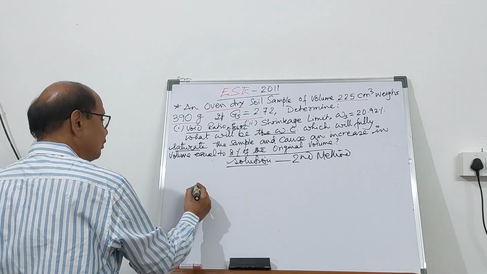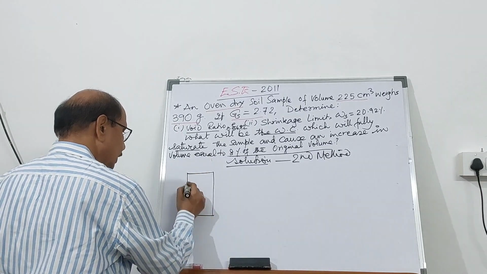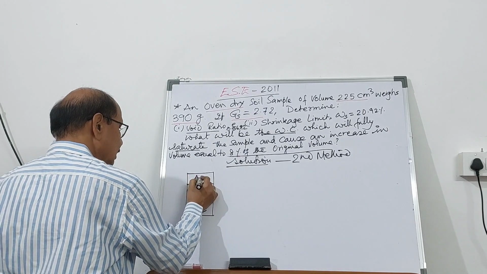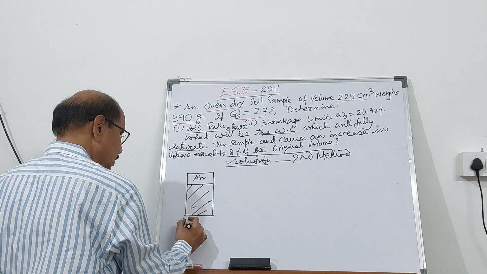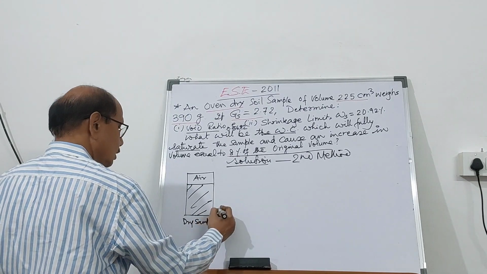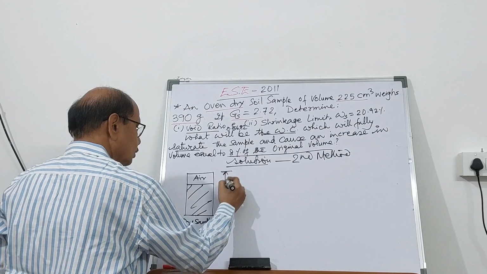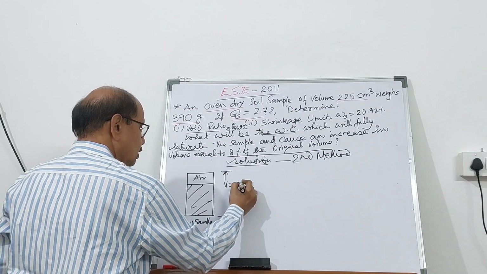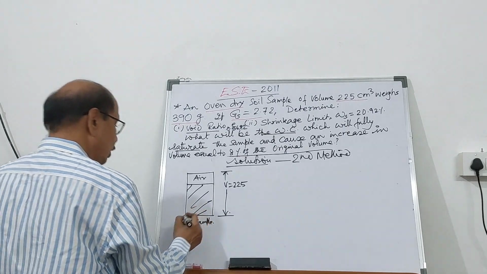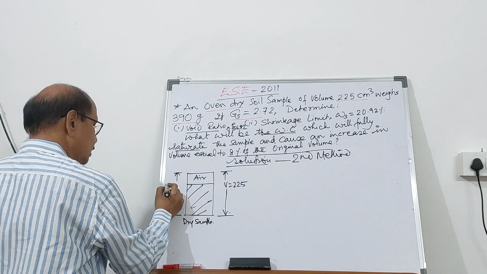So it's a dry sample. In the three-phase diagram, we can show that the sample is completely dry. So this is the dry sample. And the total volume is given to us, and the total weight is also given to us.